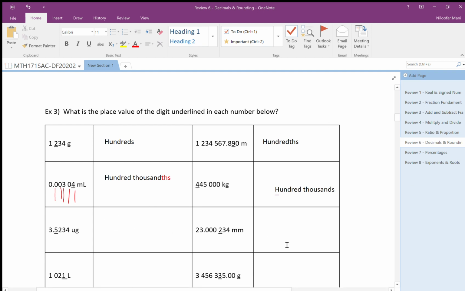This one is after the decimal, so it's tenth. How about here? Again, this is after the decimal, but how many? It's tenth, 100th, 1,000th, 10,000th. So this is 10,000th.